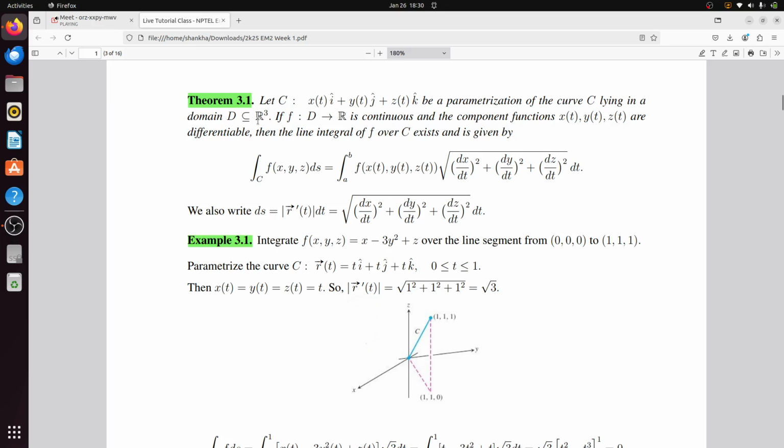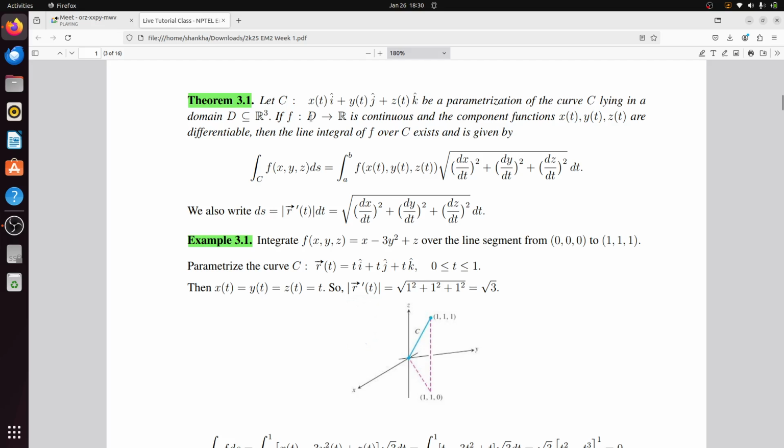Because we live in a three-dimensional space: we have length, width and height. So our domain will be R cube.